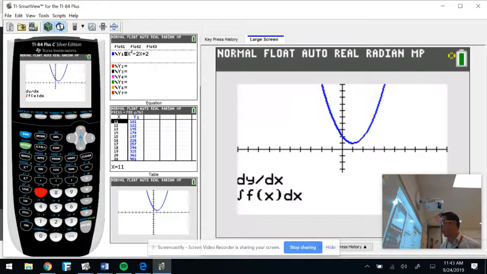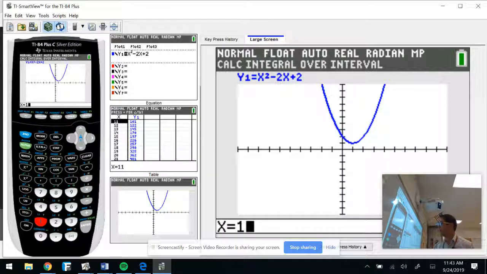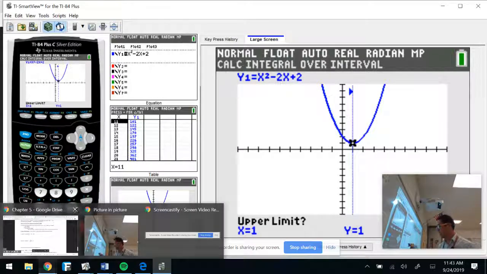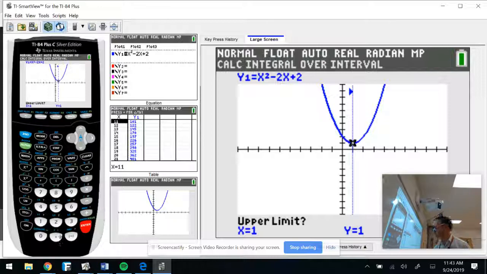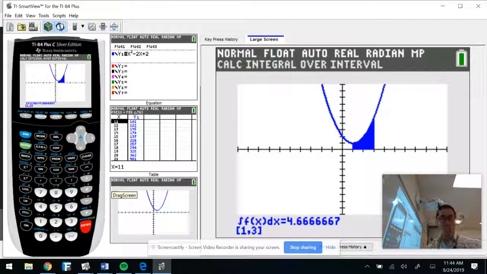And we're going to evaluate this. Lower limit's going to be 1. Enter. Upper limit's going to be 3. Enter. Oh, it shaded for me. Sweet. 4.667, which is 14/3.